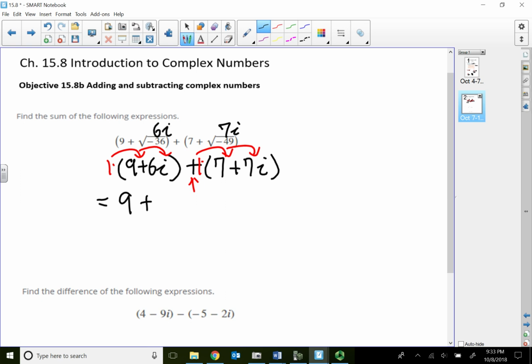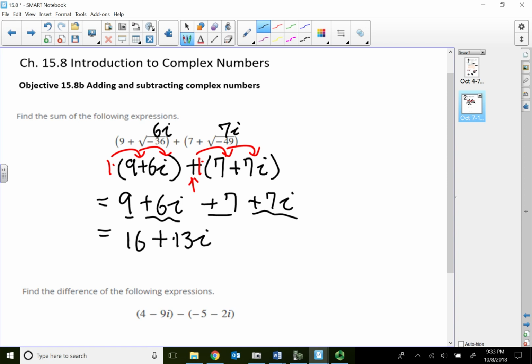So that gives me 9 plus 6i plus 1 times 7 is 7, +1 times +7i is +7i. So the like terms are the real parts and the imaginary parts. So 9 plus 7 is 16, plus 6i plus 7i is 13i. Okay, so my final answer should be 16 plus 13i.